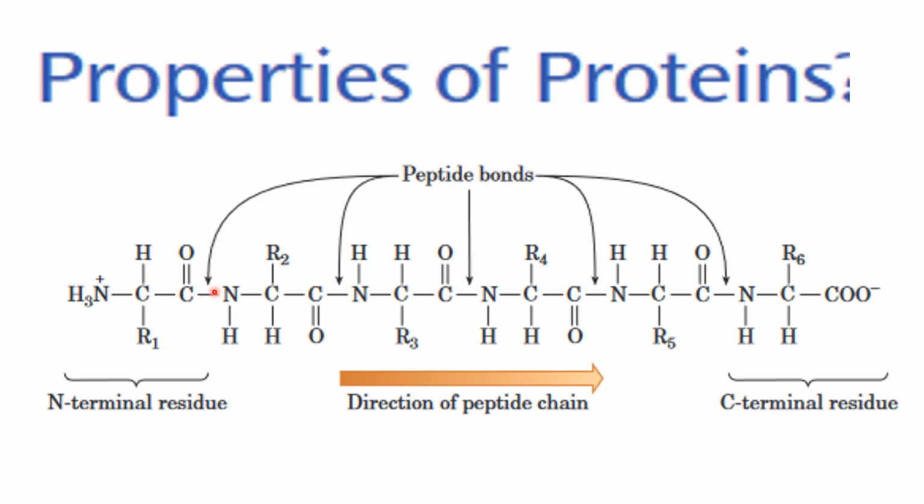So this is the peptide backbone. It consists of repeating NCC, NCC, NCC, and so on. By convention, peptides are shown with the N terminus on the left and the C terminus on the right.